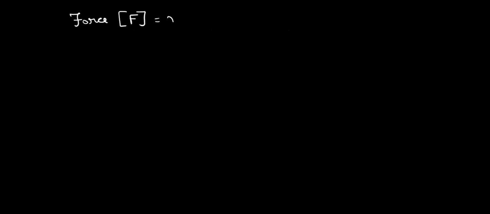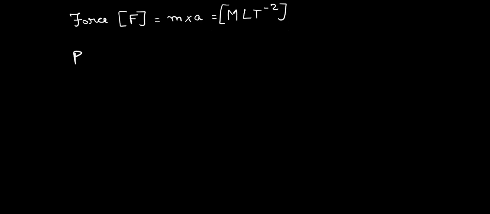The formula for force is mass times acceleration. So mass is written as M, and for acceleration we found out L T power minus 2. So the dimension for force is M L T power minus 2.